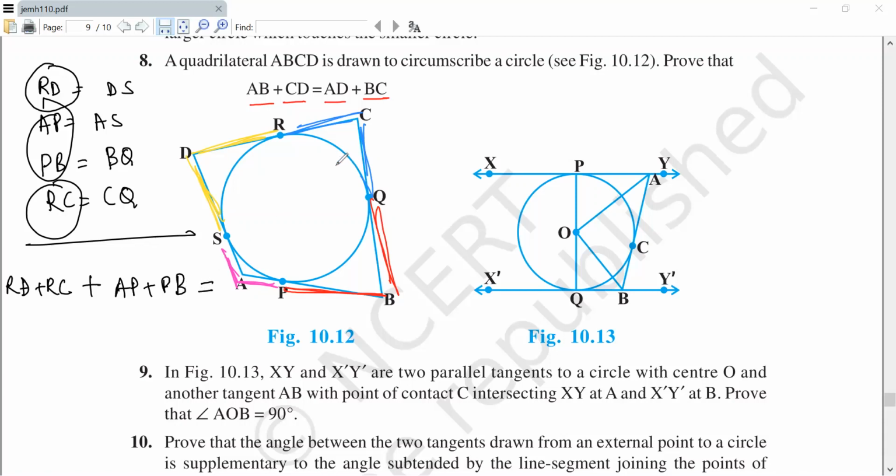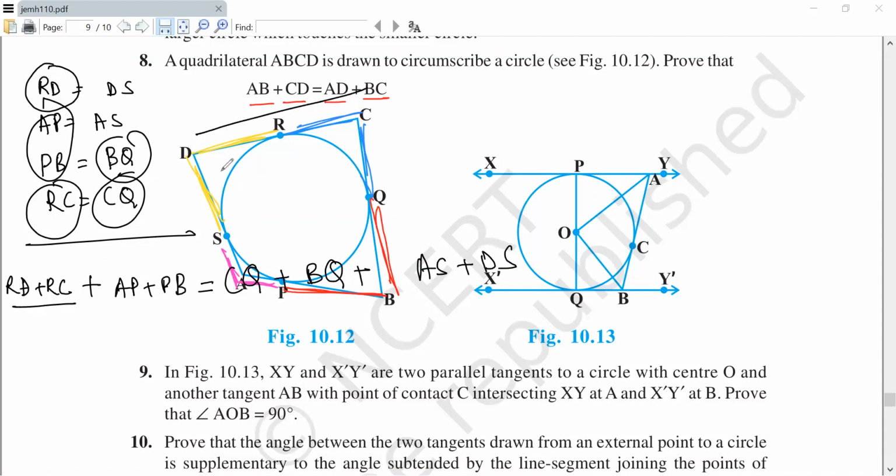On the right side, I will get CQ plus BQ plus AS plus DS. Are we good with this so far? If you notice carefully, RD plus RC is CD. AP plus PB is AB. CQ plus BQ is CB. And AS plus DS is AD.